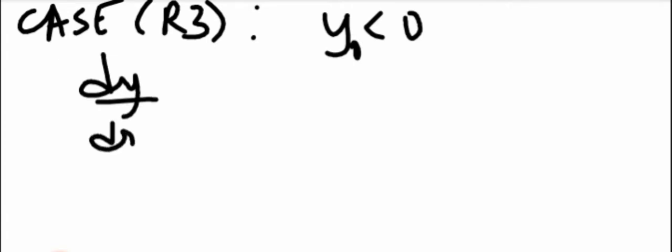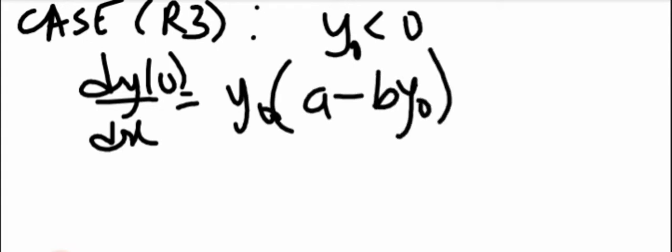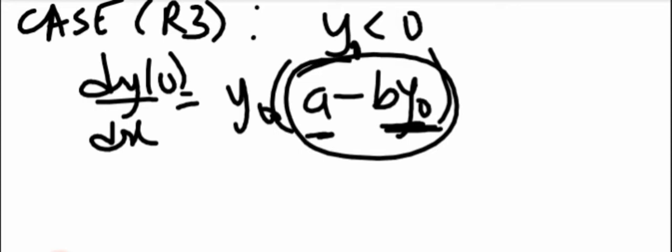It means that dy by dx at 0 is equal to y naught times (a minus b y naught). Okay, this is less than 0 and this is positive. So this whole thing is positive, because minus b times a negative number will be bigger than 0. So I'm adding a to a positive number, so this whole part is bigger than 0.